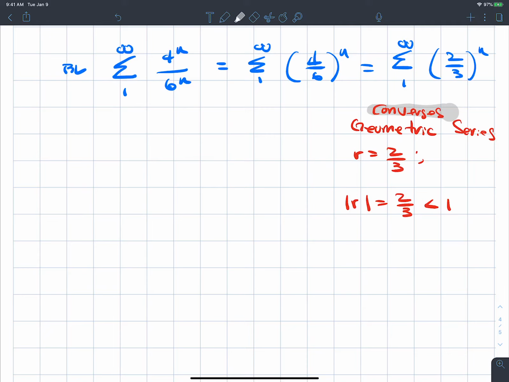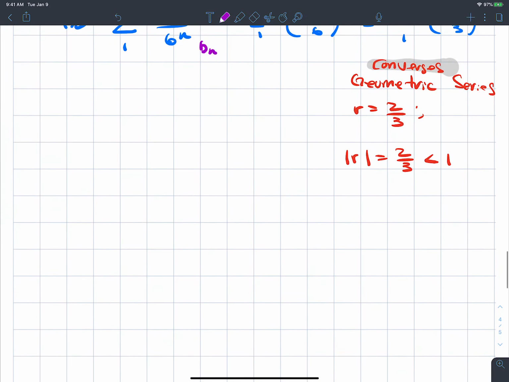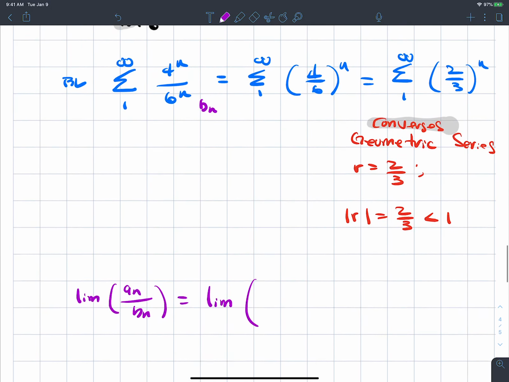So we're going to compare it to a convergent geometric series by the limit comparison test. And so we know this is our a_n and this is our b_n. So now the limit of the ratio a_n to b_n is a limit of, now you say, well, what's a_n?